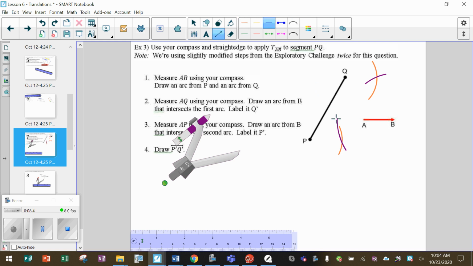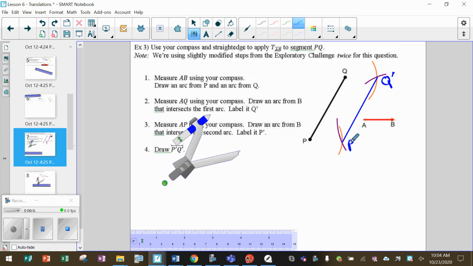If you ended up with 2 points of intersection with your arcs, you have to use common sense to figure out which one to use to connect to the other end. Remember that our translated figure should be parallel to the original image. If you use the wrong point of intersection, it'll just look not parallel. It'll look off.